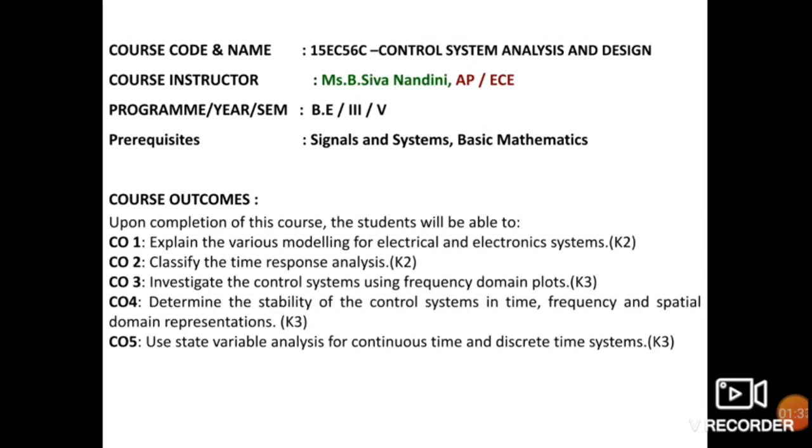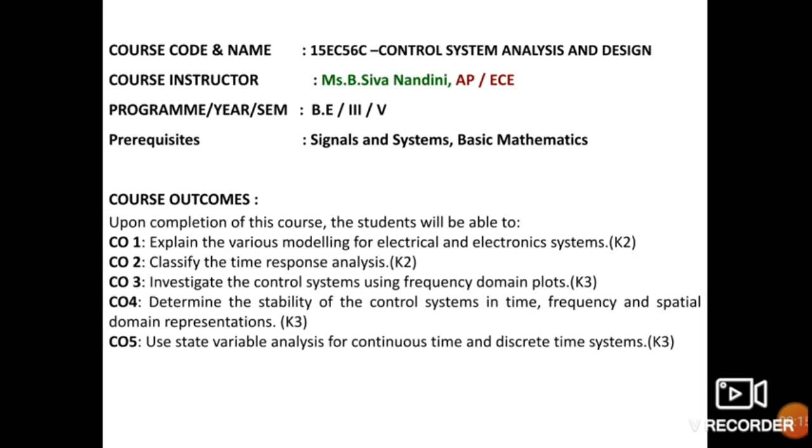Then by the fourth CO, you will be able to determine the stability of a control system. While designing any electrical circuit or any system, you need to determine the stability of that system. Likewise, the stability of the control system can be determined in the time domain, frequency domain, and spatial domain by some techniques like Routh's criterion and root locus technique.